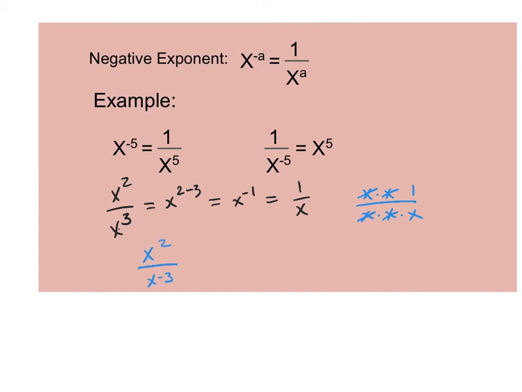Now, this x to the negative 3 on bottom, if I were to put that in my quotient rule, it would be 2 minus a negative 3. So then that would equal x to the positive 5th, so that would be my answer. So basically, x to the negative 3 on the bottom is the same thing as saying x squared times x to the third, so I would add those, which gives me x to the 5th.